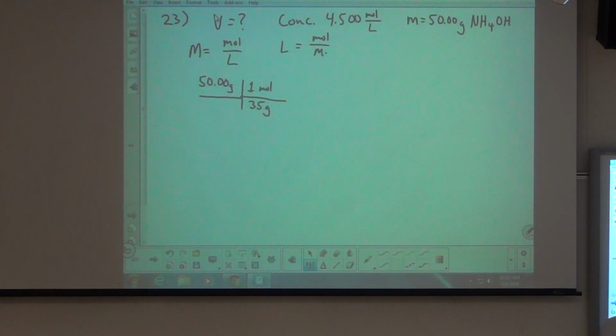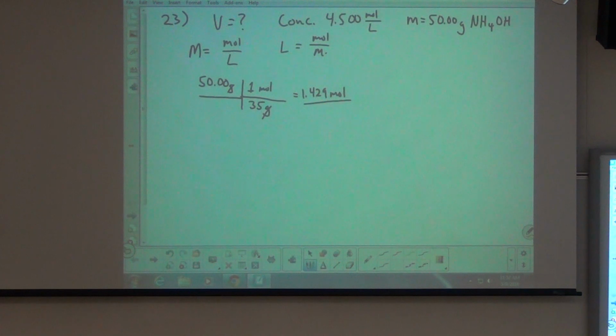So I go ahead and calculate that out, find out how many moles I've got. 50 divided by 35 is about 1.429. That's how many moles of ammonium hydroxide I have.